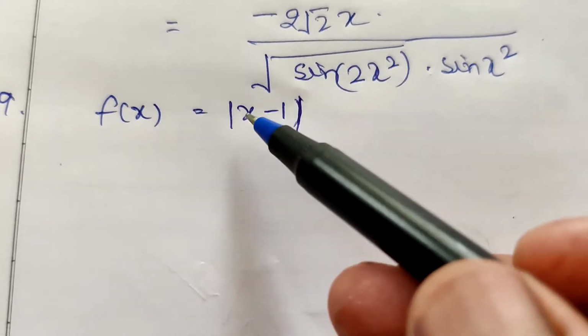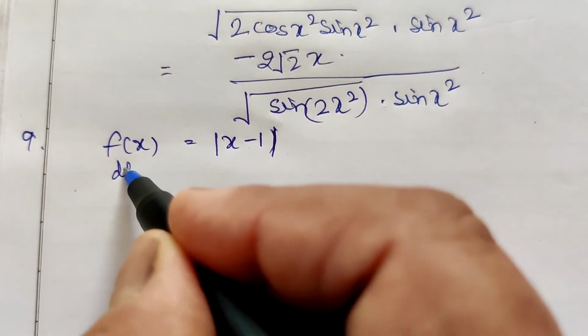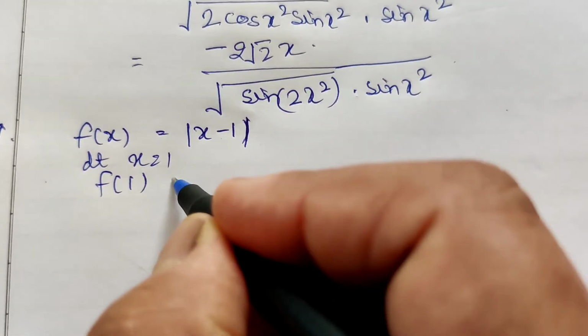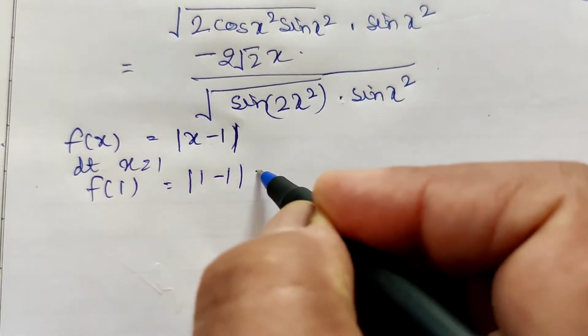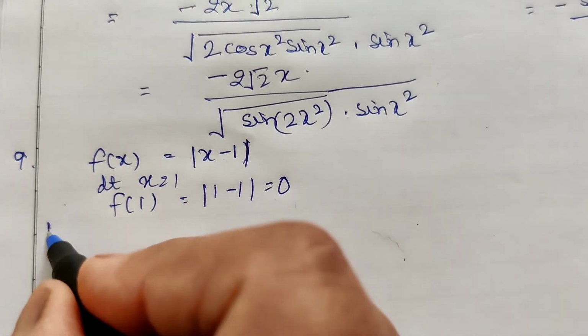The function is mod x minus 1. At x equal to 1, the function is equal to 1 minus 1, which is equal to 0. Now check the right hand limit.